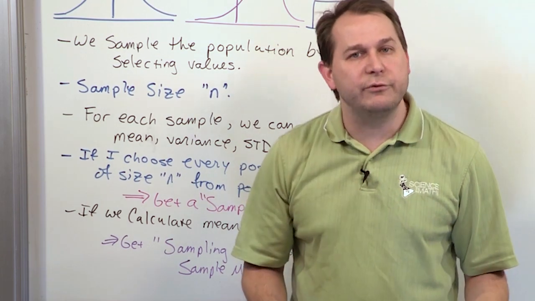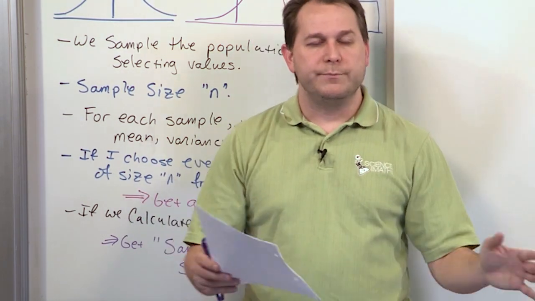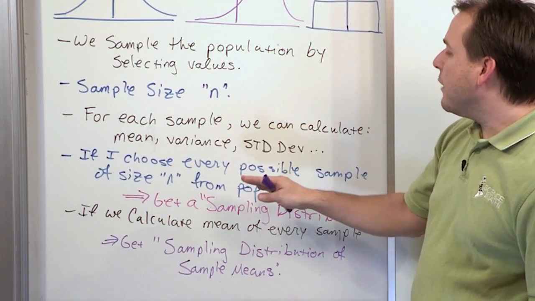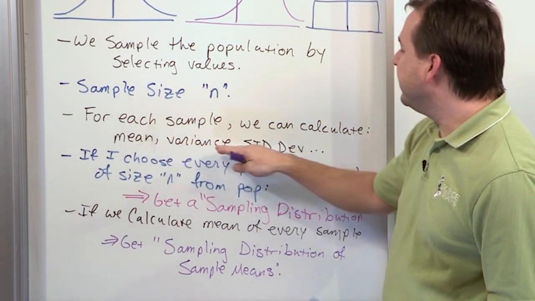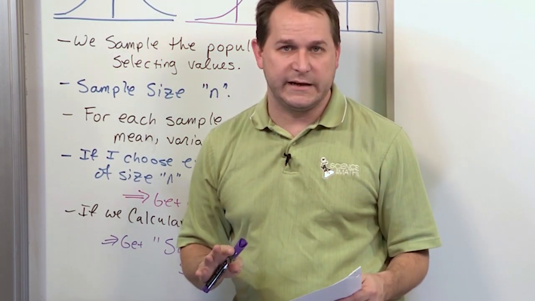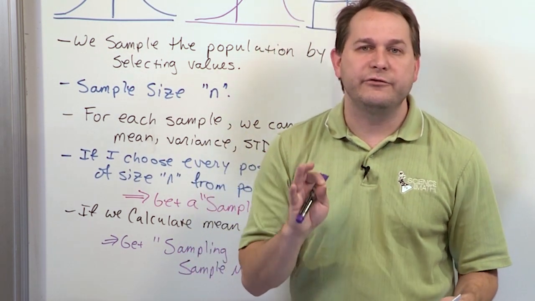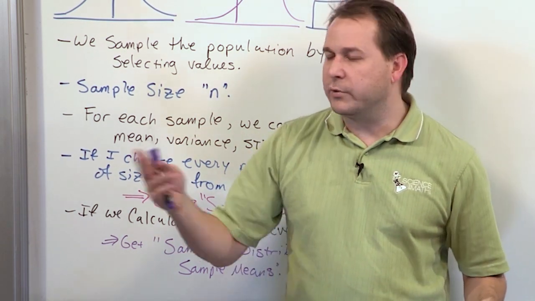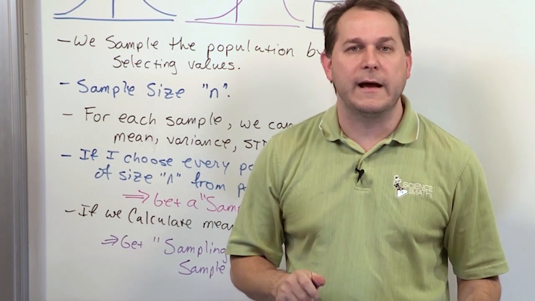The sampling distribution is when you get that information and you're getting a distribution of answers, and usually when you do that, you're calculating something. Usually it's the mean or the standard deviation or whatever it is you're trying to study, but that's called a sampling distribution of sample means. There are other types of sampling distributions we'll get into later, but mostly we're going to talk about sampling distribution of sample means.